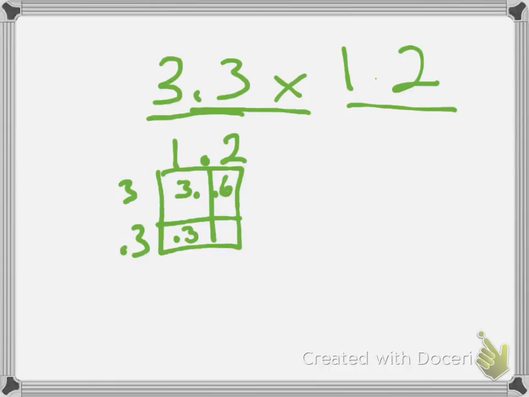And then last but not least, 3/10 times 2/10 is 6, and because I have 2 decimal places, I'm going to add a 0 and a 6. So it'll be 0 and 6/100.